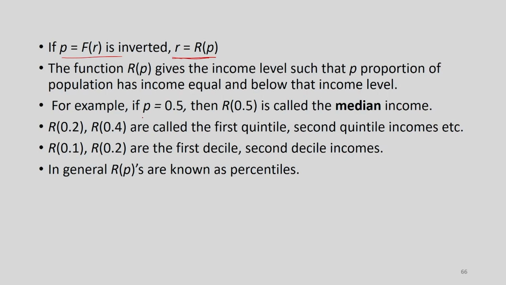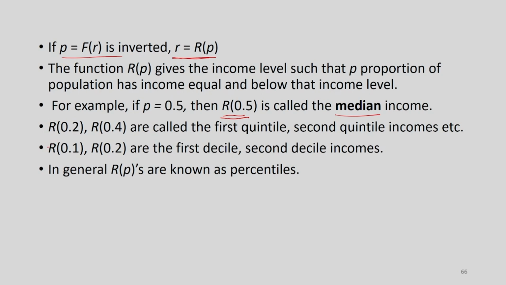For example, if p is equal to 0.5, then capital R of 0.5 is called the median income, right. So, below this value 50% of the population is earning their income, or in a different way, 50% of the population is earning their income above R of 0.5.